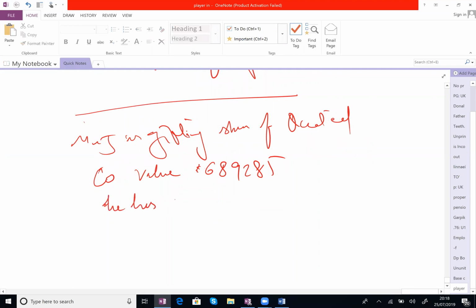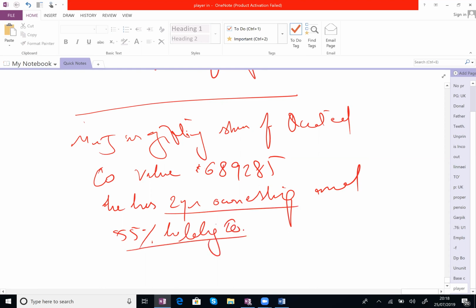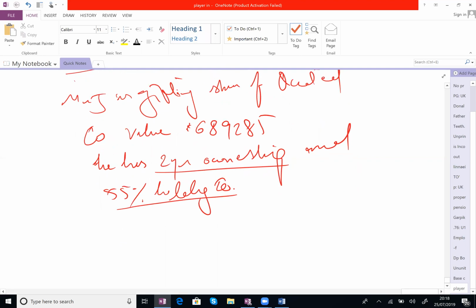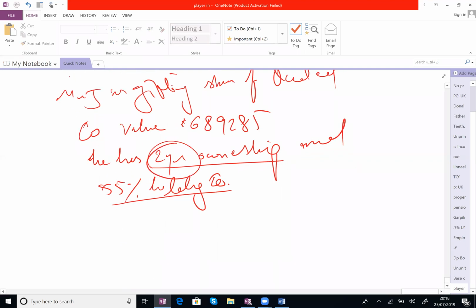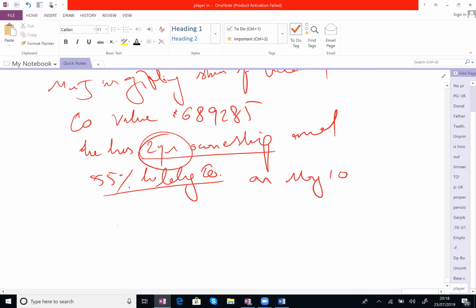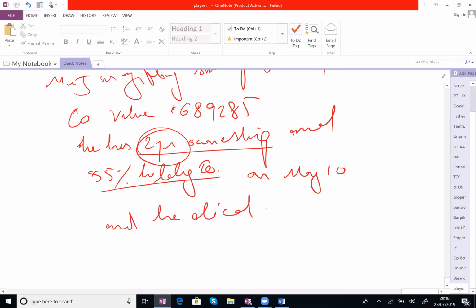He has 2-year ownership of these shares and 55% holding in the company. So conditions of BPR are met: 50% plus 2-year ownership. The date of gift is May 2010, and he died in January 2011. Calculate value of PET.